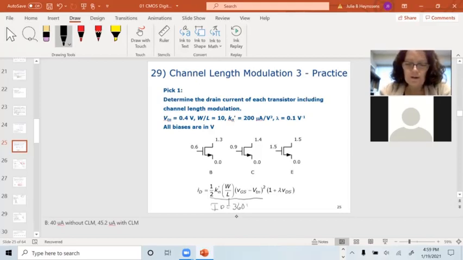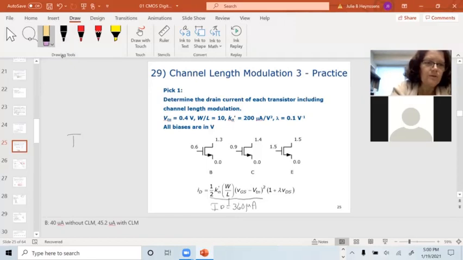We want to calculate what the actual current is, taking into account channel length modulation. Well, all I do is say my new ID, and I'm going to call this little ID, equals big ID times 1 plus lambda VDS.